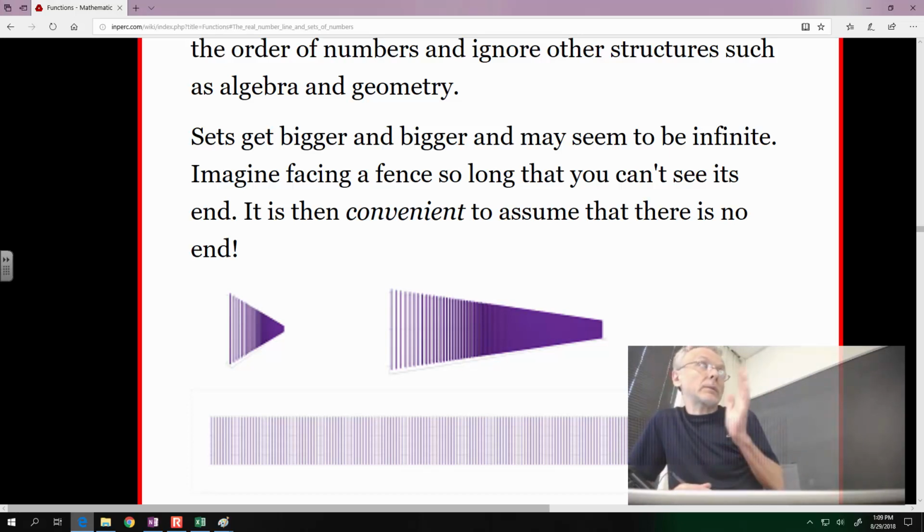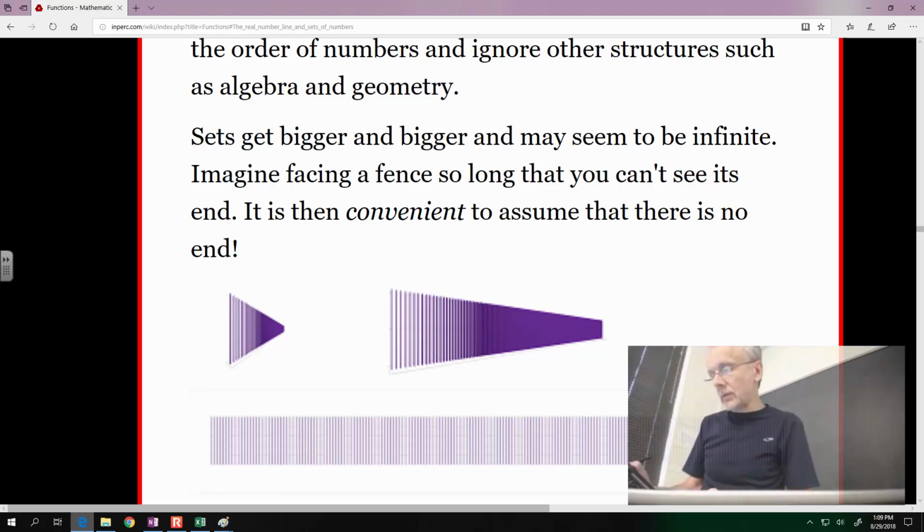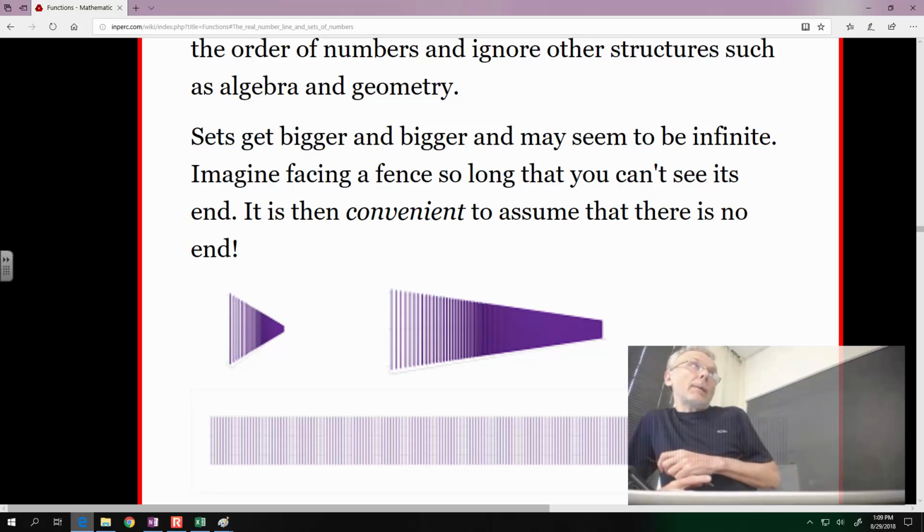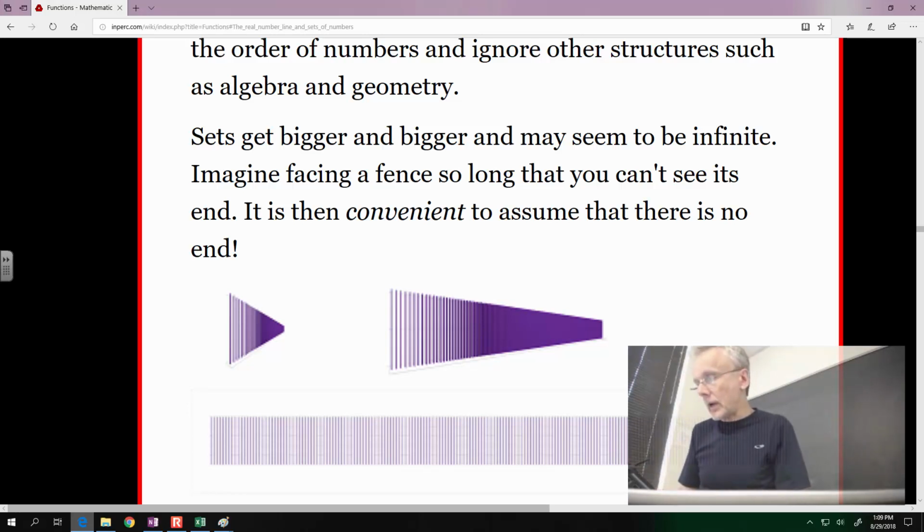But if you keep walking in one direction or the other, you will discover more and more of that fence. Will it stop at some point? Maybe. It doesn't matter as far as we're concerned. So it is possible to assume that there are infinitely many planks, and that it is an infinitely long fence. But initially, it might not be as important. So that's one infinity that we have to keep in mind.